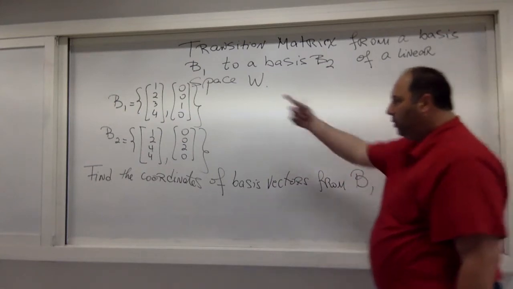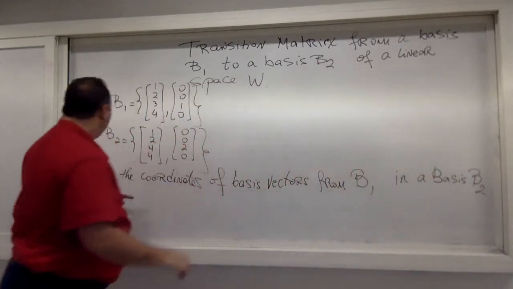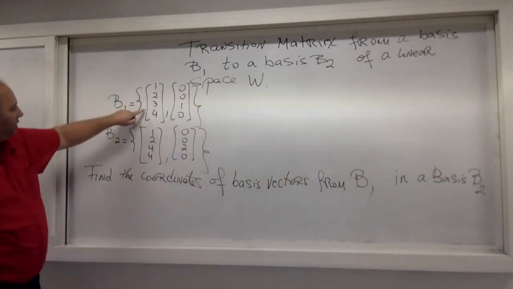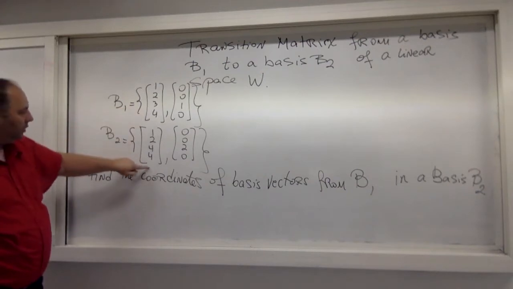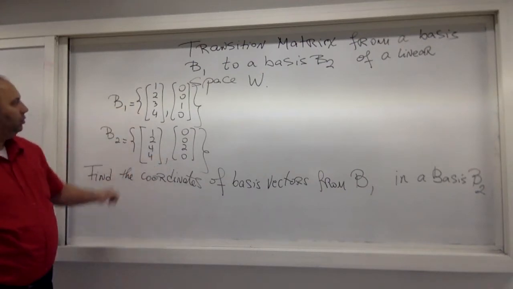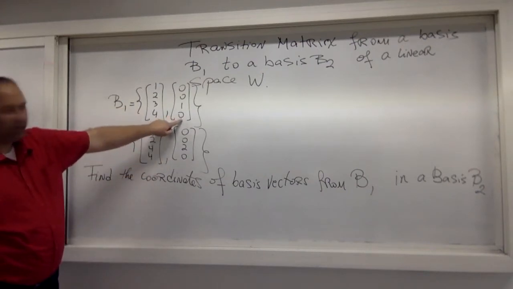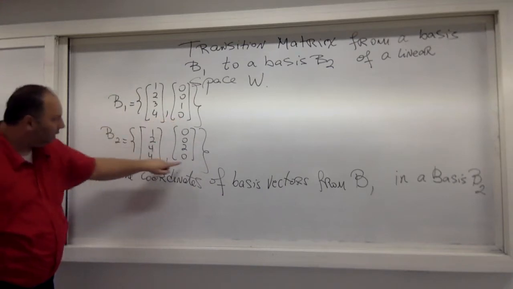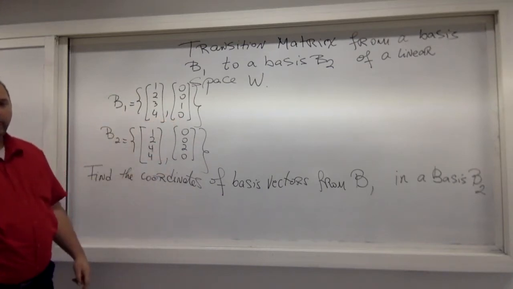So I'm going from B1 to B2. So I want to express this vector from B1 as a linear combination of vectors in B2. Then I want to express this vector from B1 as a linear combination of two vectors of B2.